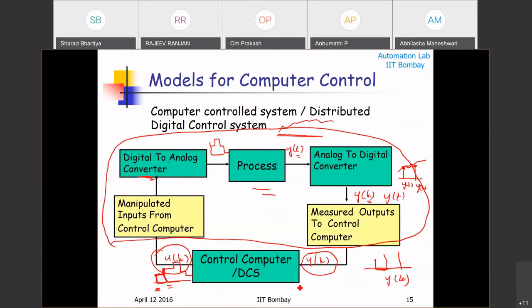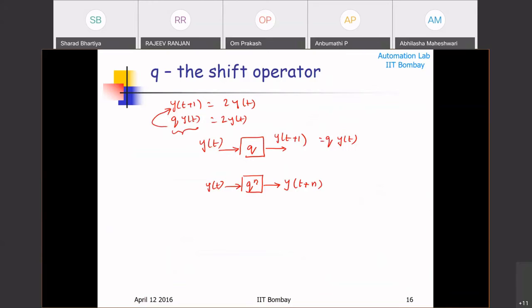Let us say q to the power of n, and if I give... Excuse me, sir. We are not able to hear you. Om Prakash, could you say something? Sir, we were not able to hear you like before.